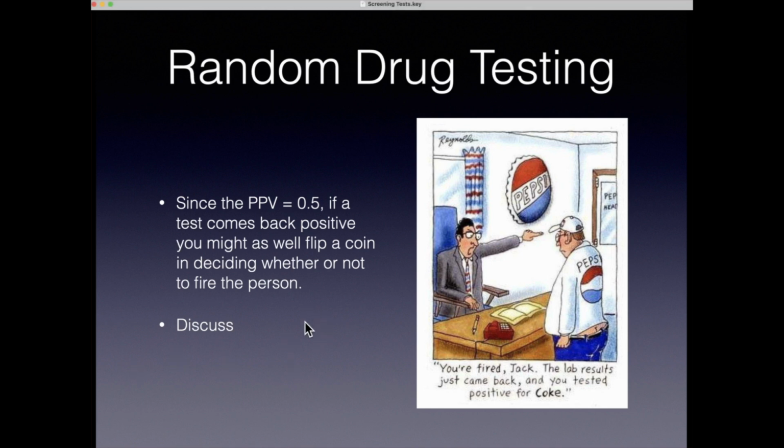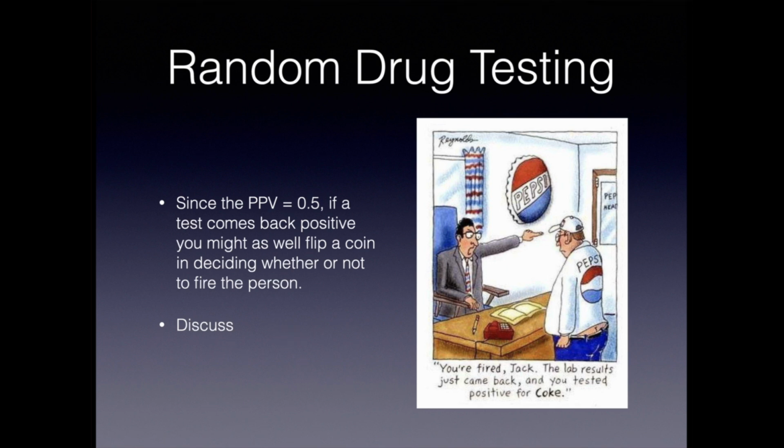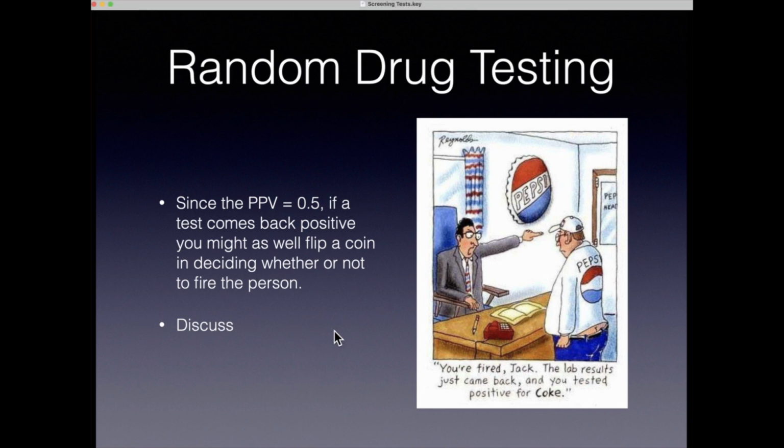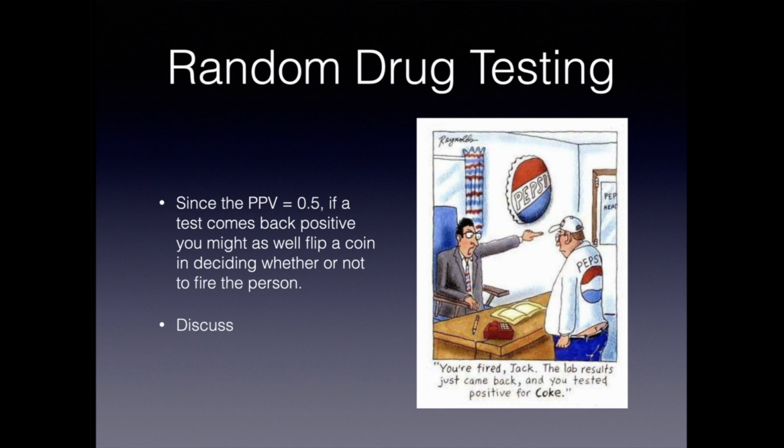And we can see that here. So there's only a 50% chance that the person actually uses drugs. So we have to then decide, is the test accurate enough for us to make these kinds of firing decisions based on the result of this screening test?